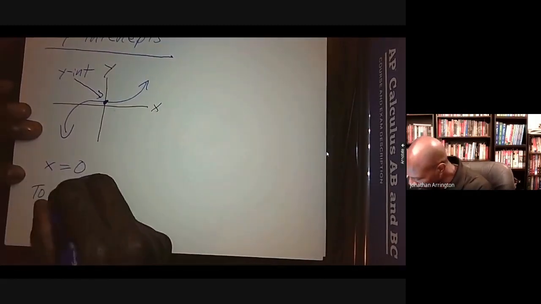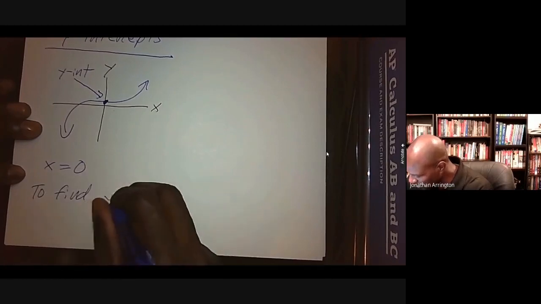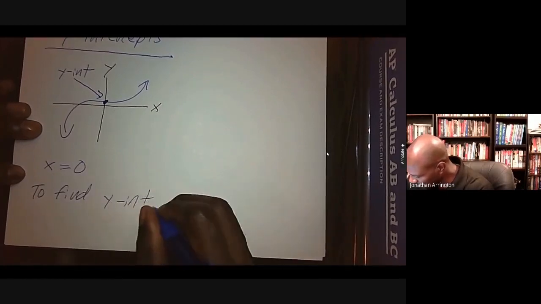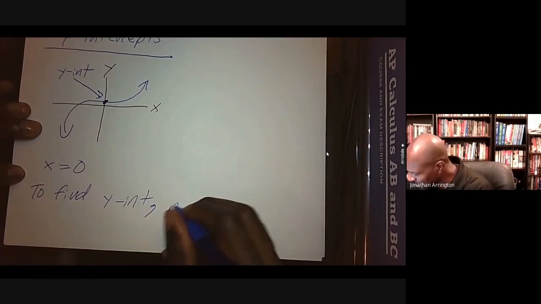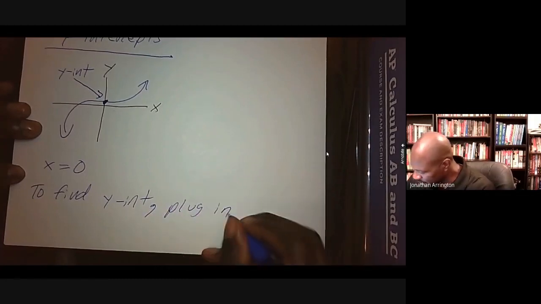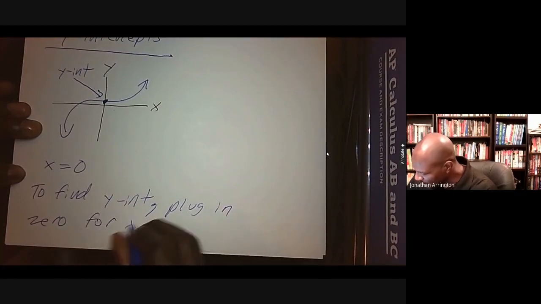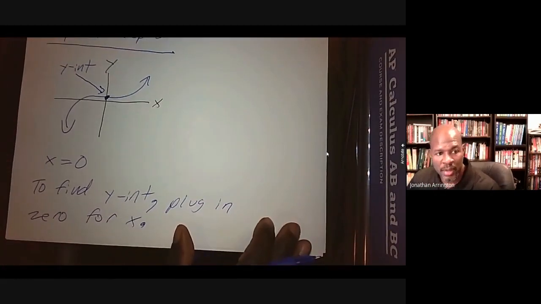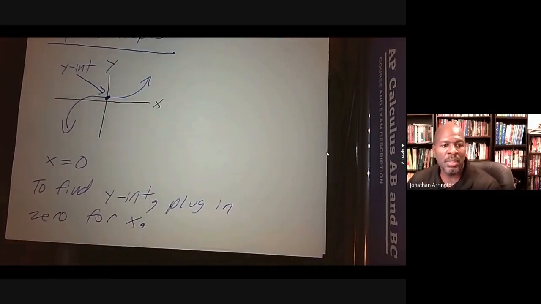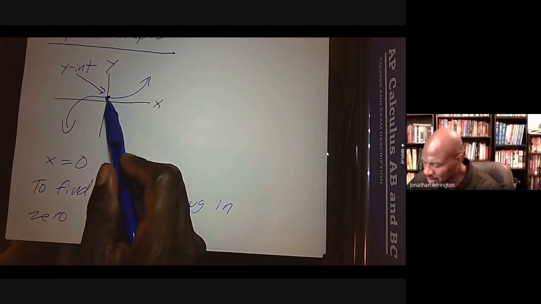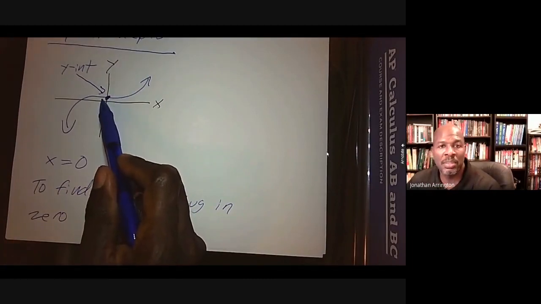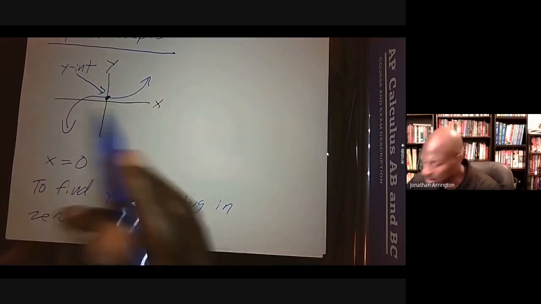So to find Y-intercepts, all we have to do is plug in 0 for X, because X is 0 whenever you hit the Y-axis. Your Y-intercept is always going to be at the value when X is 0.